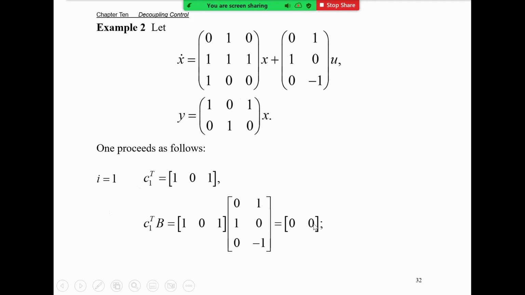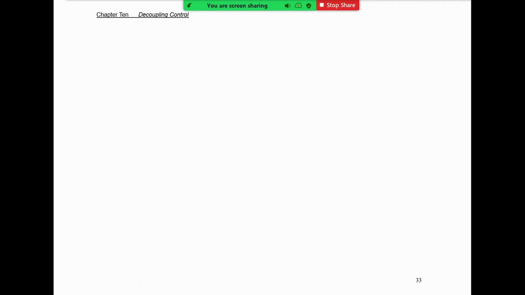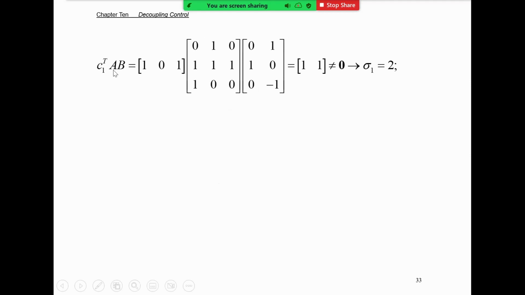If that happens, the leading coefficient will be 0, so therefore the sigma cannot be 1. Then you move on to the second term. You have to compute C1 times A times B. In this one, you get, okay, it's not 0. That's how you can confirm that the relative degree for the first row is 2. Any questions?